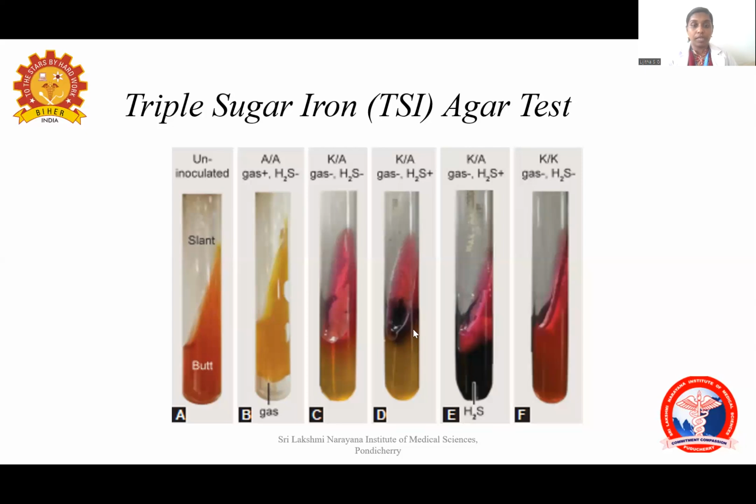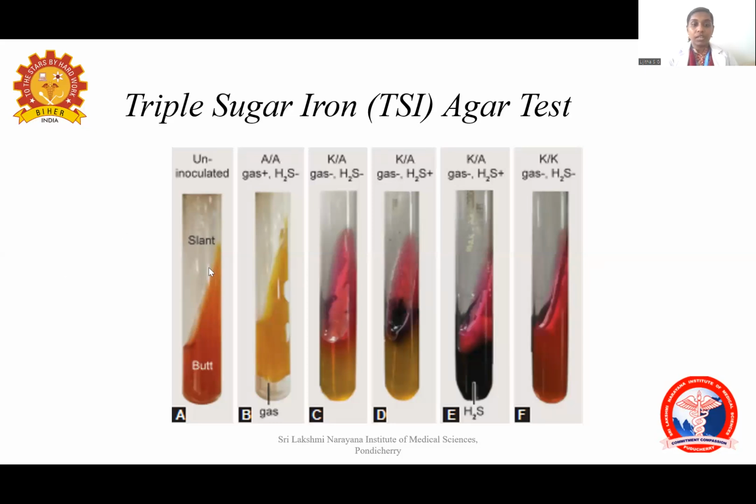So this tube reaction is interpreted as K by A, gas minus and H2S plus. Coming to the next tube, here again K by A, then gas minus, H2S minus. No H2S production is there. Then this tube, it is A by A, gas is there, H2S production is not there, H2S minus. That is how you will be interpreting the triple sugar iron agar test.